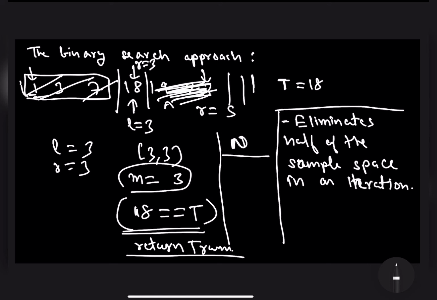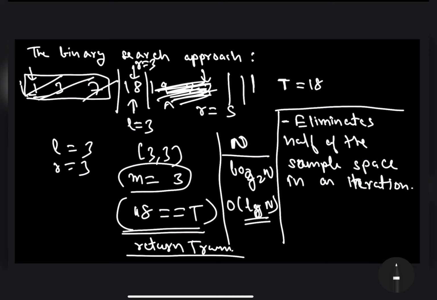At each step you reduce the size of the search space by 2, so the total number of iterations that you will make in the worst case will be log of n base 2. So the time complexity will be O of log n. That's where we get our time complexity from for binary search, and that's how you improve from the linear search time complexity of O of n to O of log n.